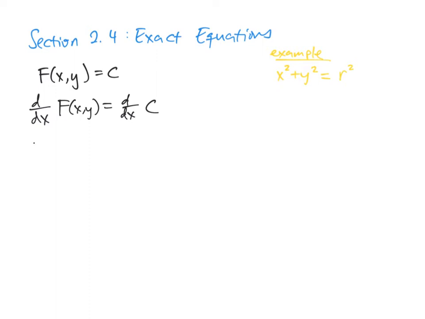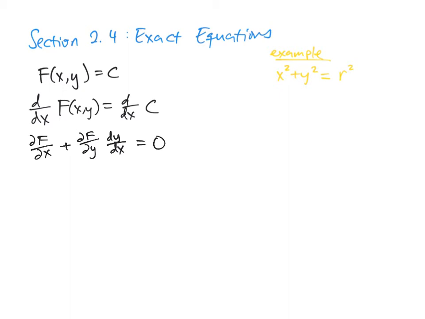So I'm going to take the partial derivative of f with respect to x, plus now when I take my derivative with respect to y, since I ultimately want to know the derivative of this function with respect to x, I also need to know the derivative of y with respect to x, and I multiply through this way. And on the right-hand side, the derivative of a constant is 0.